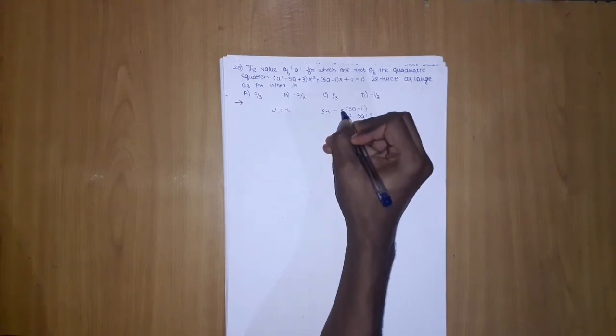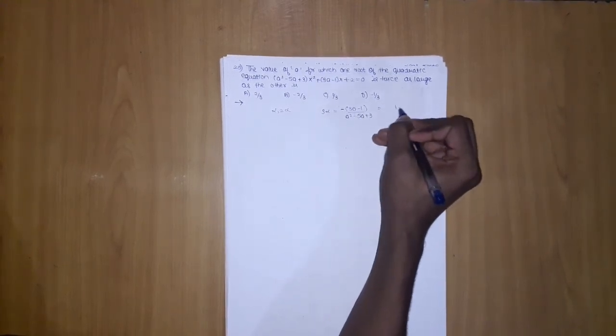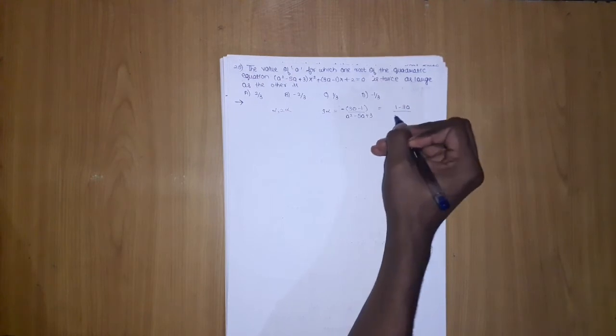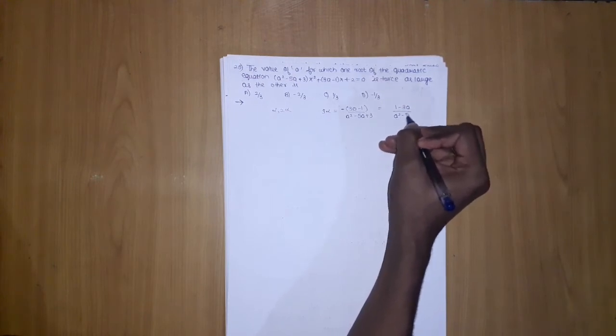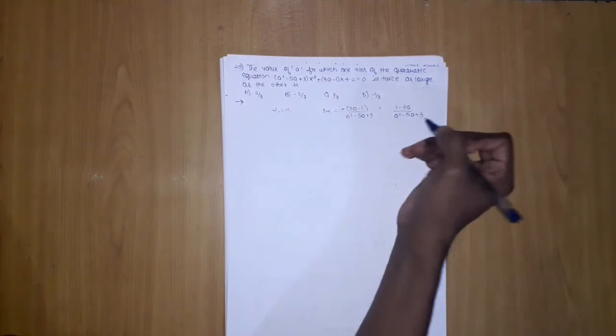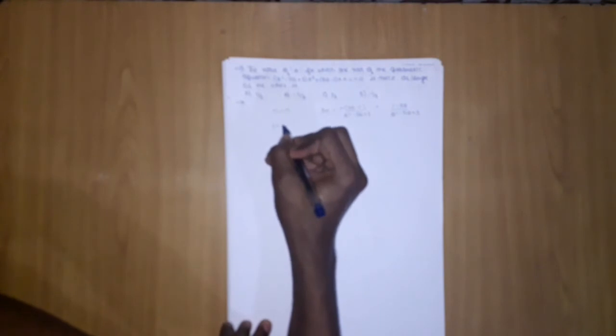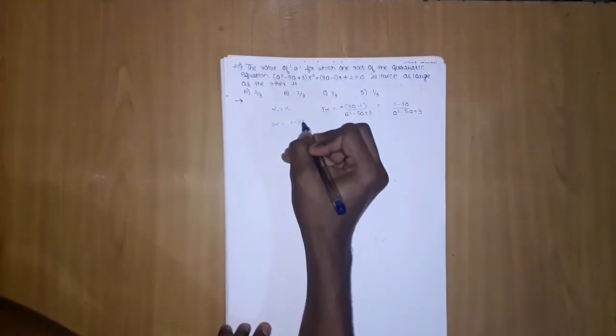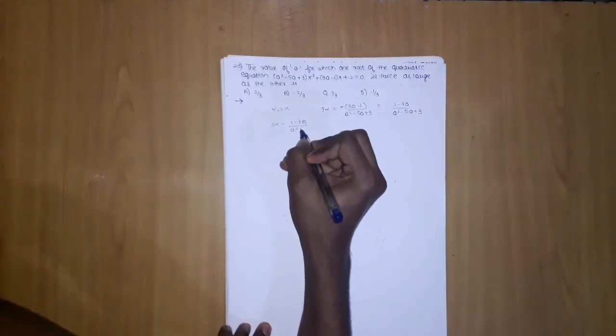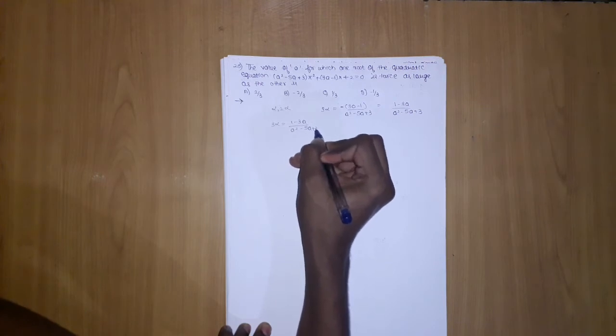Okay guys, this minus sign, and we can write it like this, a square minus 5a plus 3. Now let this 1 minus 3a upon a square minus 5a plus 3 be called 3 alpha.